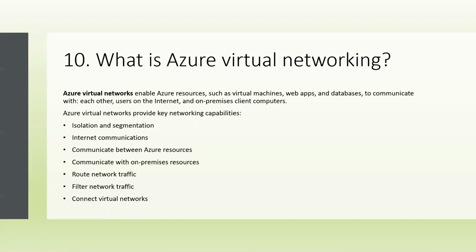Azure Virtual Networks provide key networking capabilities: isolation and segmentation, internet communications, communicate between Azure resources, communicate with on-premises resources, route network traffic, filter network traffic, connect virtual networks.